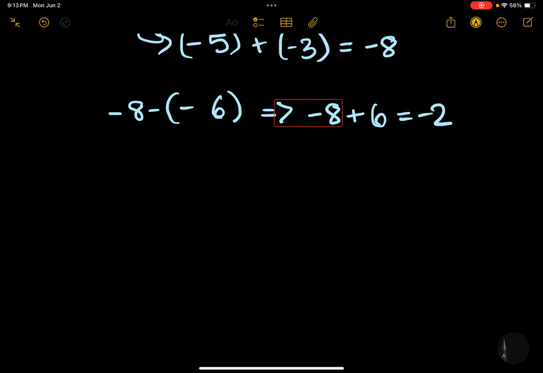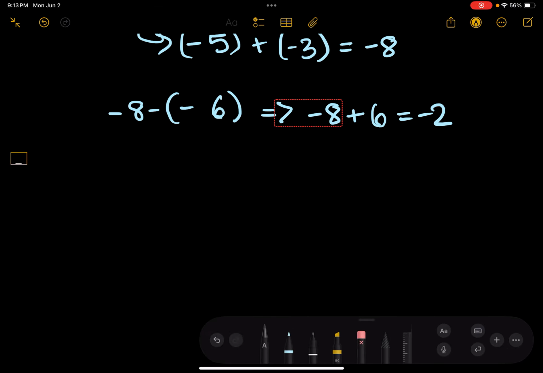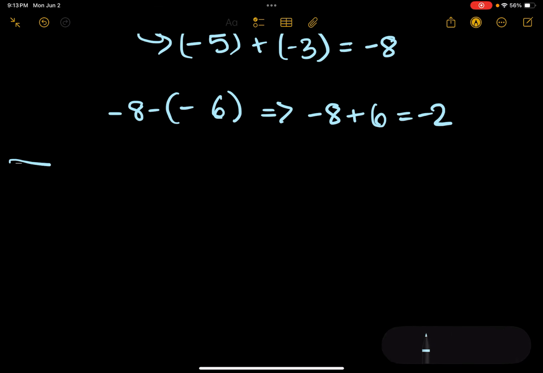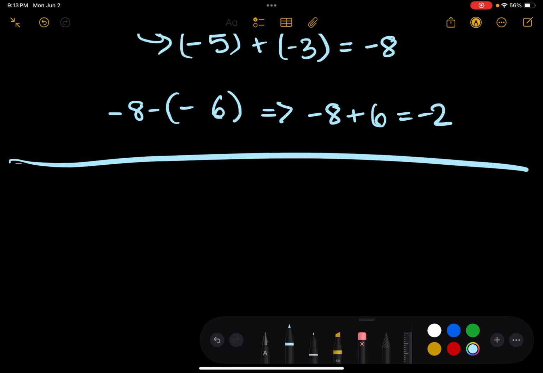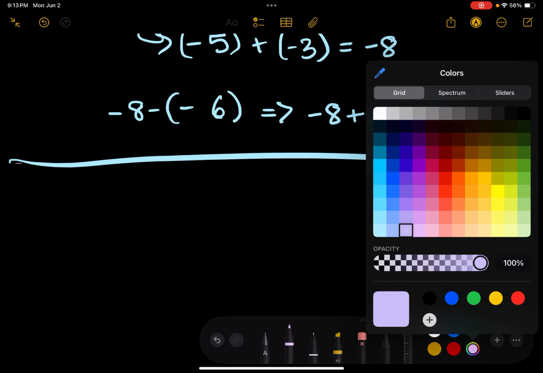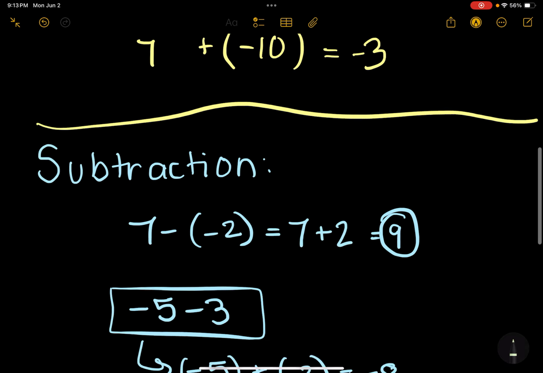For multiplying integers. Ooh, what was that? Let's put a line here. So multiplying integers. Let's do this in green. So multiplication.